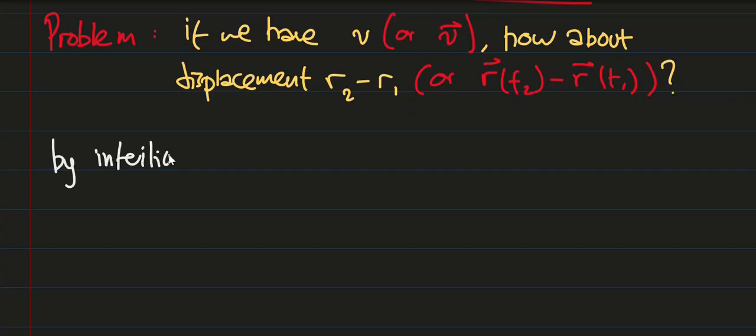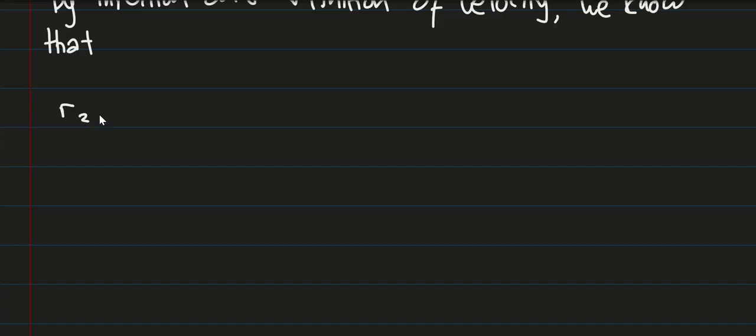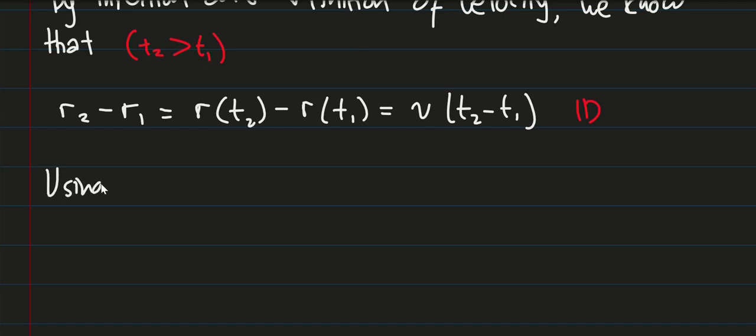By intuition and the definition of velocity, we know that r2 minus r1 in one dimension, which I will choose, equals the velocity times t2 minus t1, where I choose t2 greater than t1, and the velocity is the velocity over those two times.